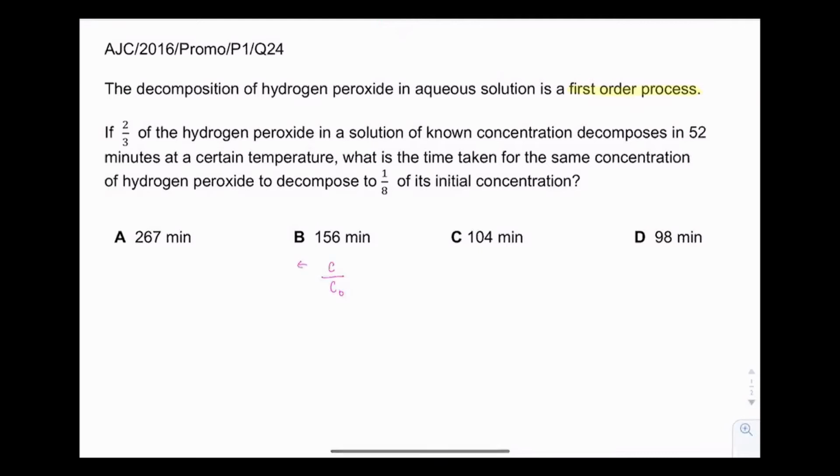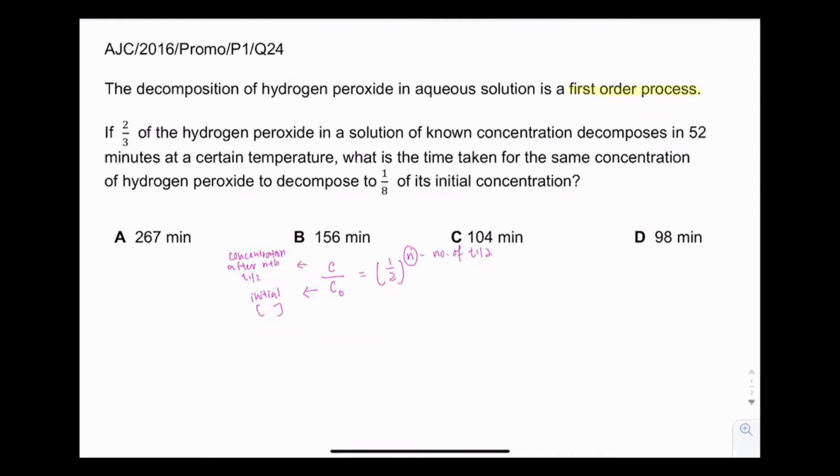C is the concentration after n half-lives. C0 is the initial concentration. This equals 1/2 power n, where n is the number of half-lives.